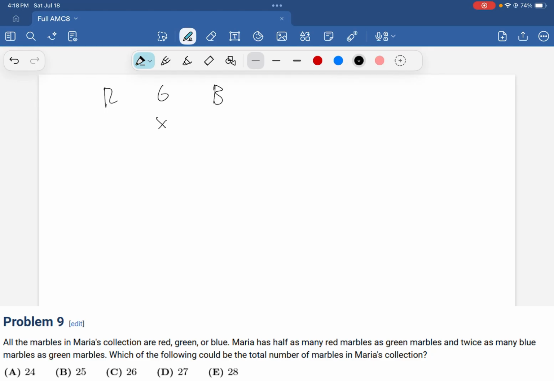Half as many red marbles is going to be 1/2 X. Twice as many blue marbles is going to be 2X. And adding these up becomes 3.5X or 7/2X. So both X and 7/2X are going to be integers, and it's pretty obvious that the total is going to be a multiple of 7. And the only multiple of 7 in the answer choices is going to be 28. 7 times 4, so the answer is E.